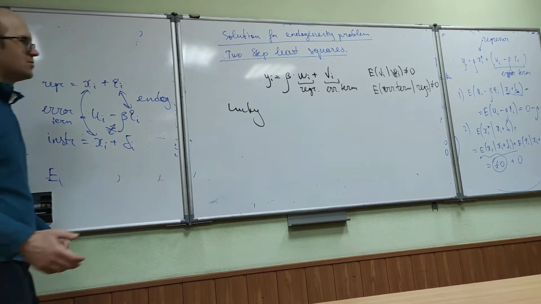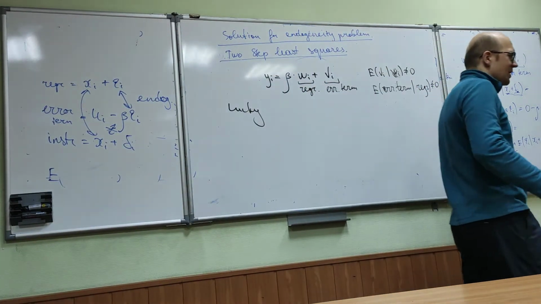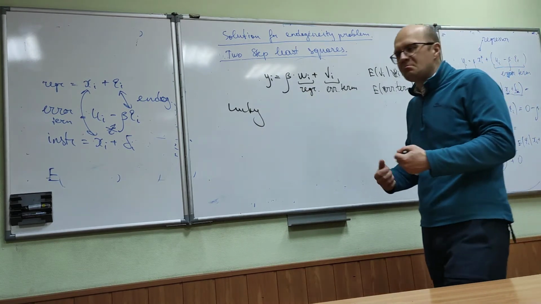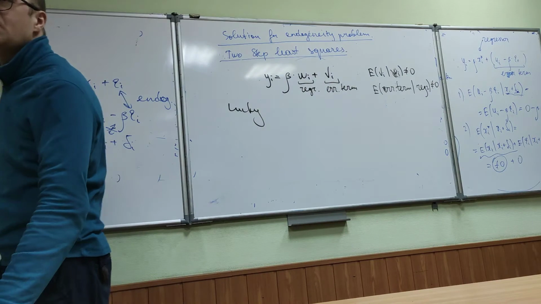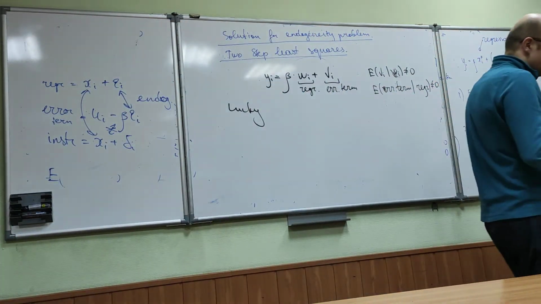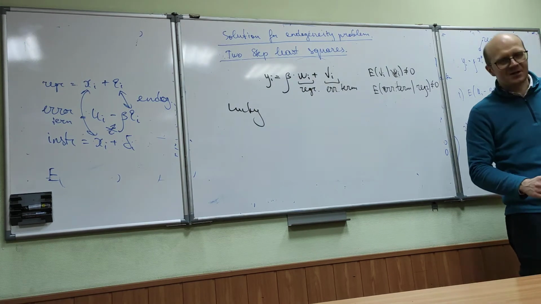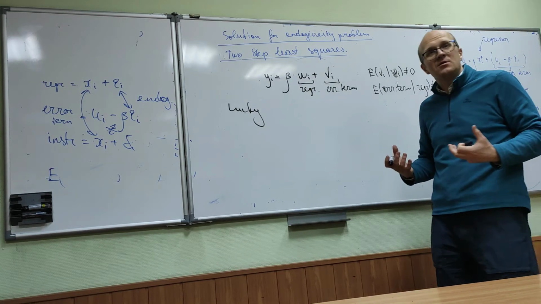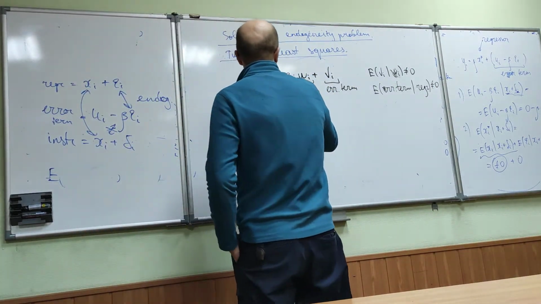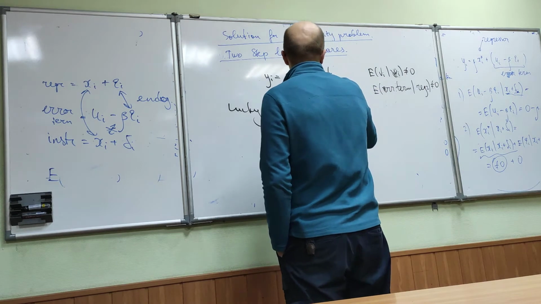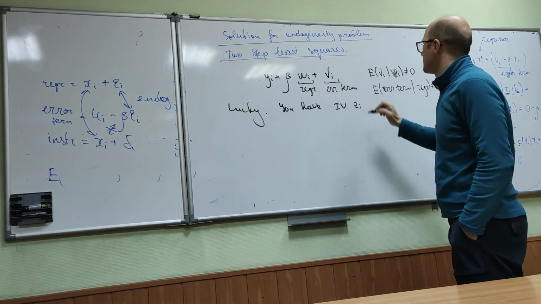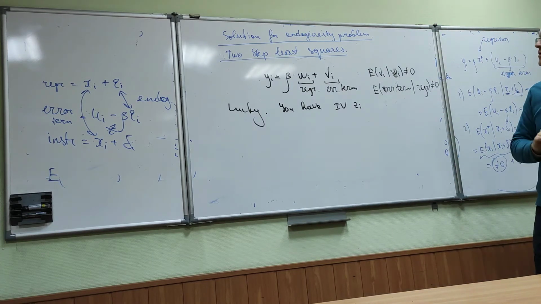Maybe you were just walking with your dog and found $1 million and an instrumental variable. I don't know how to obtain it, but you are lucky and you have an instrumental variable Z.